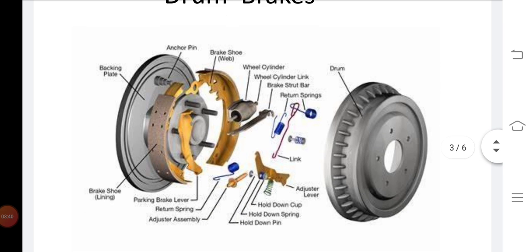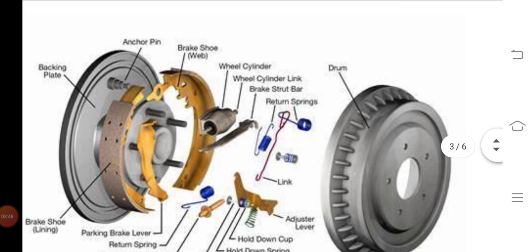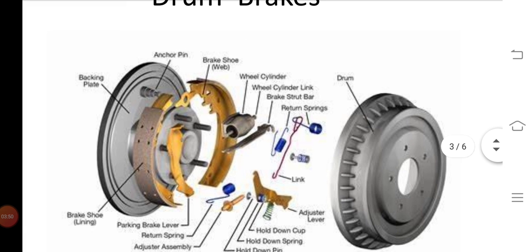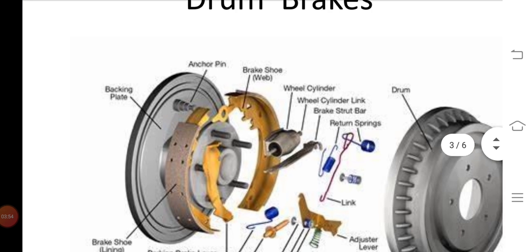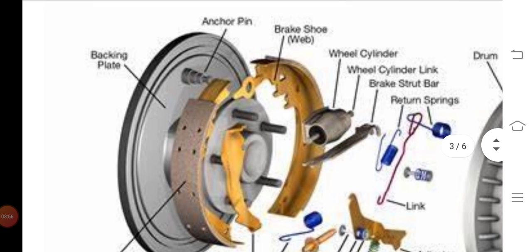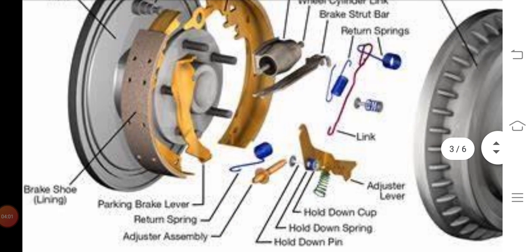So this is the picture of the drum brake. What are the components? You can see here, this is the drum, which is attached to the wheel, and this is the back plate. The anchor pin is situated there, and this is the parking brake lever.